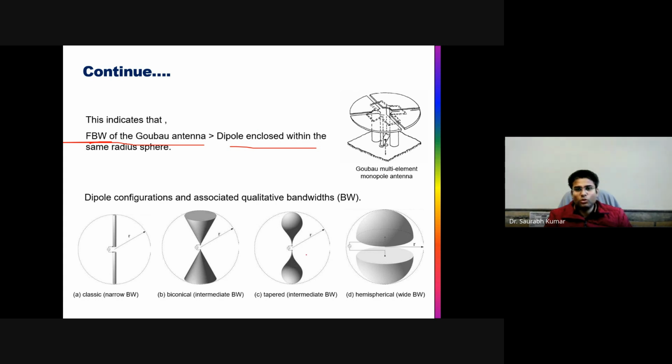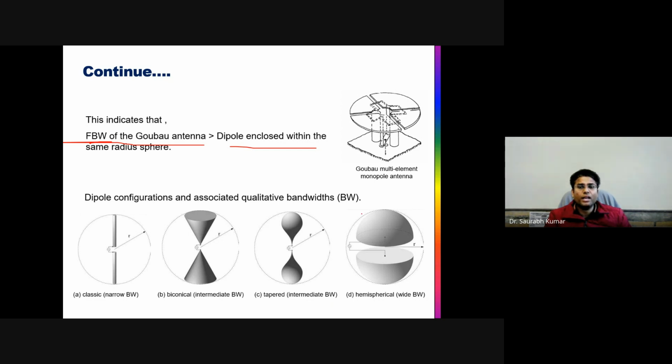This can also be analyzed with this comparison: the classical narrow bandwidth antenna is normally a dipole. If you have a biconical one, it will give you an intermediate bandwidth. And if you have a tapered dipole, you will again have an intermediate bandwidth.